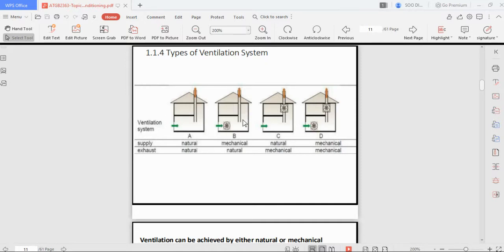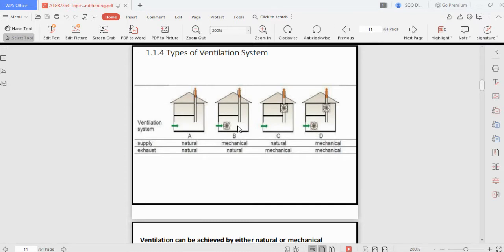Because the outside pressure is less than the inside, this will in turn push out all the air into the atmosphere.